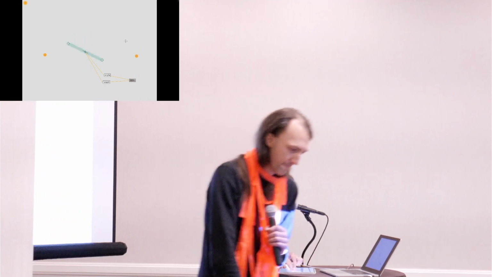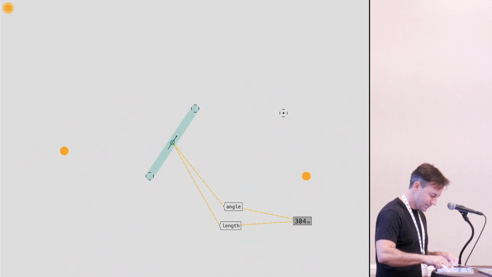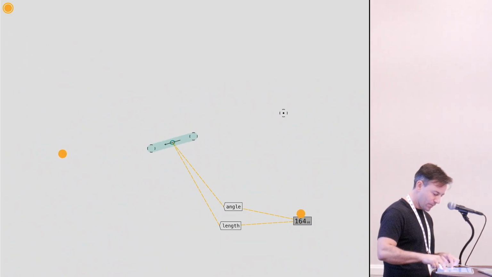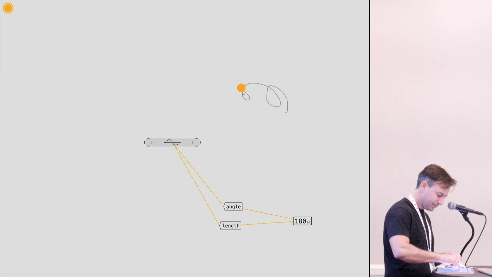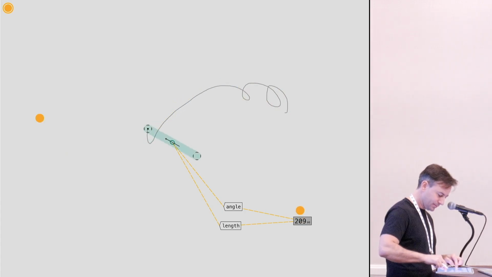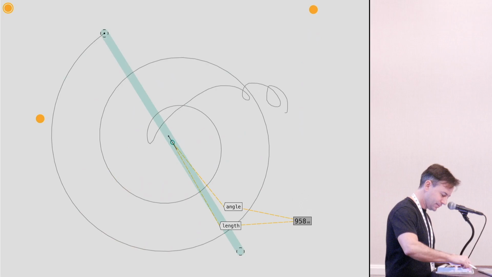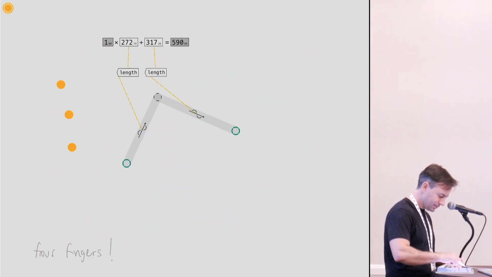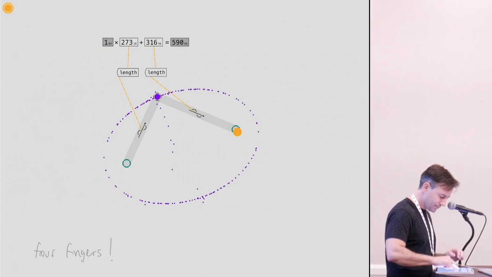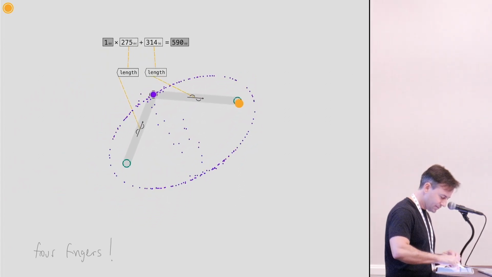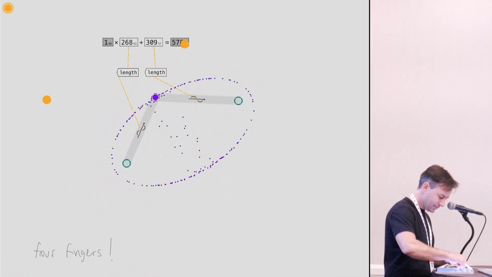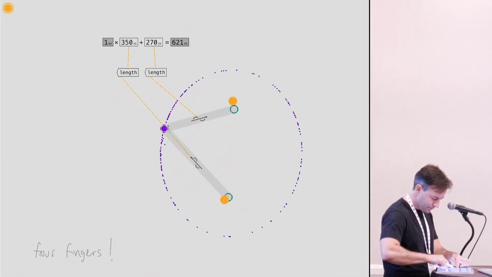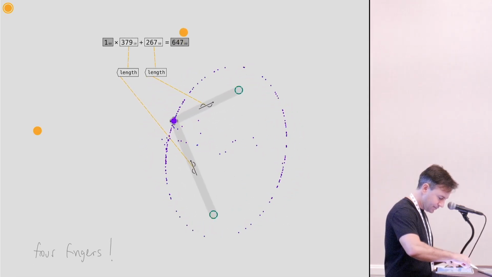Here are some further explorations that Inkling has encouraged us to take. With a handle that leaves a trail of ink, you could visualize the motion of your models. You could take one of those handles and make it go everywhere within the range allowed by its constraints to produce elaborate curves or even filled regions.